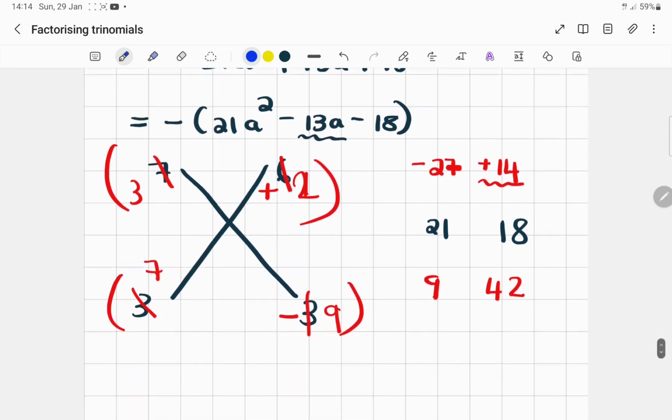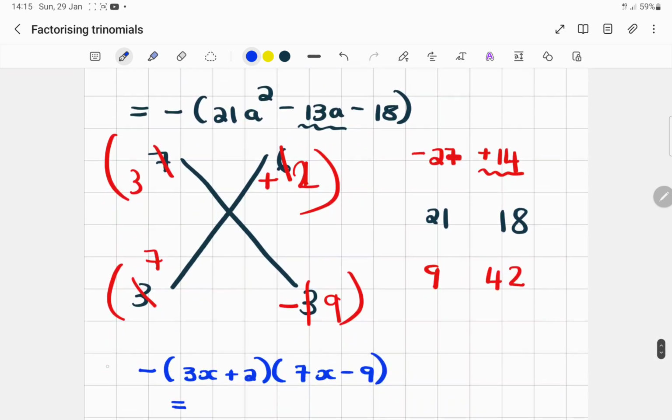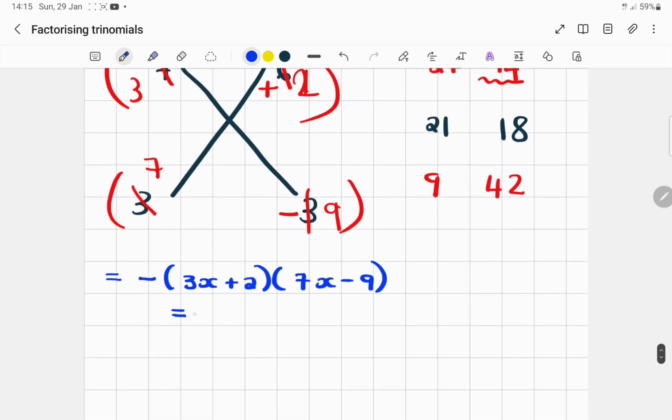So it's going to be 3x plus 2 and 7x minus 9. Remember your negative. Okay. So it will be negative 3x times 7x. I'm just testing it, so please don't do it on your paper when you are busy.